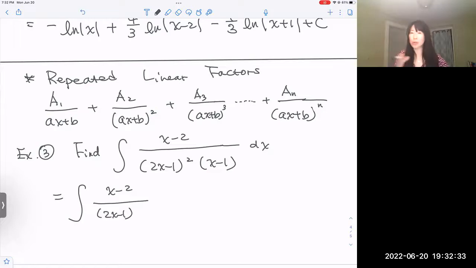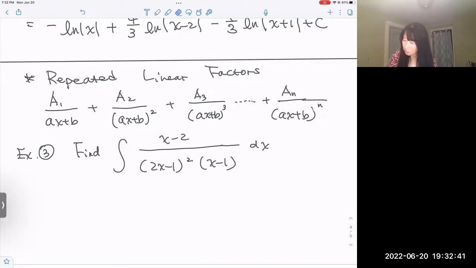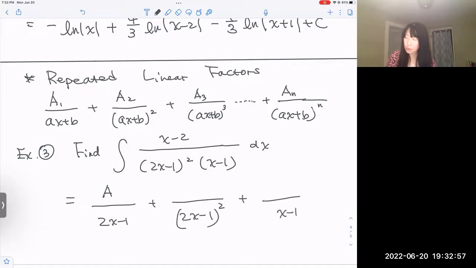I want to keep it straightforward with A, B, C. This will be A over the linear factor, plus B over the repeated linear factor squared, plus C over the linear factor x minus 1. Since the denominator has a linear factor, the numerator is one degree less, which is a constant term. So A, B, C in this case as well.